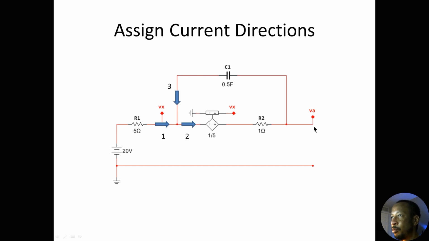When you have an open circuit like this, there is no current that can pass through here, because the resistance across there is infinite. So don't even worry about assigning a current there. I just assigned the currents here: current 1, current 2, and current 3, and this is what I go with initially. This is how I set up the circuit.